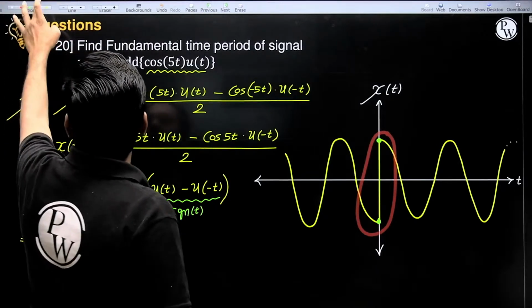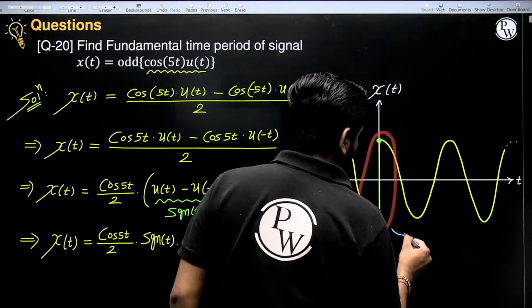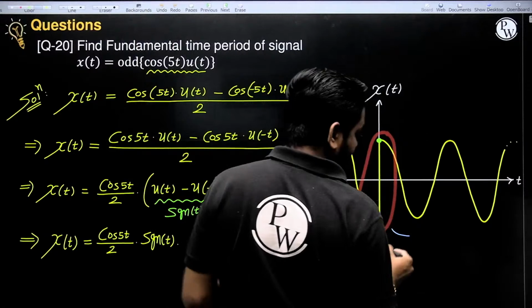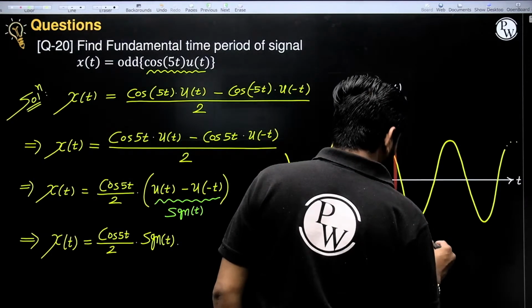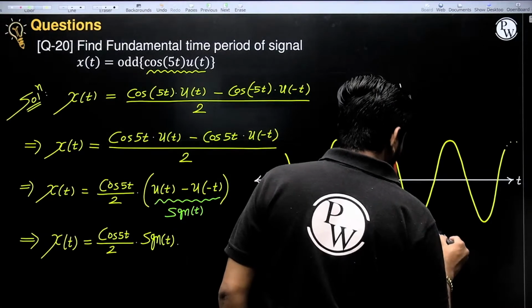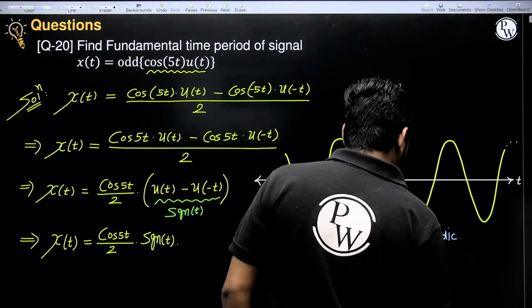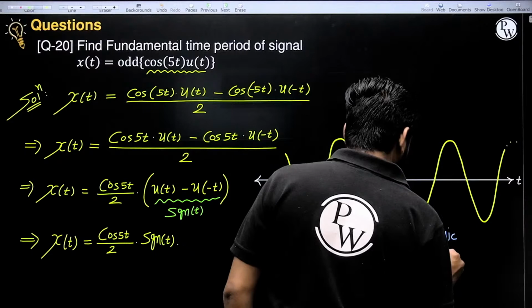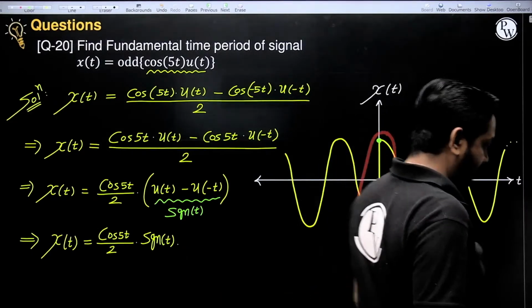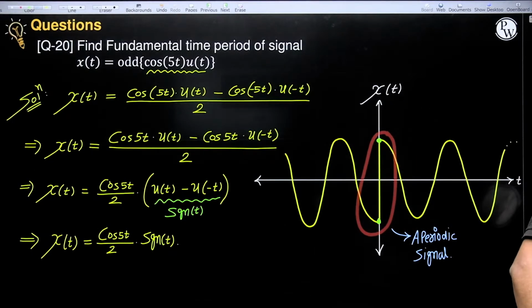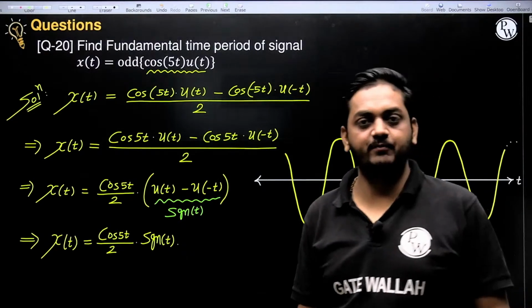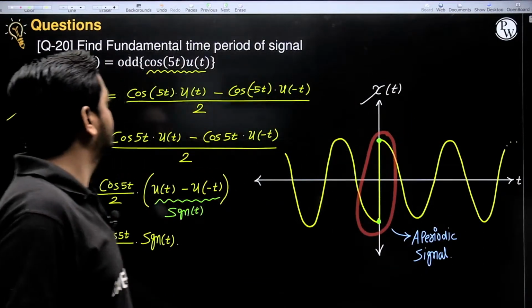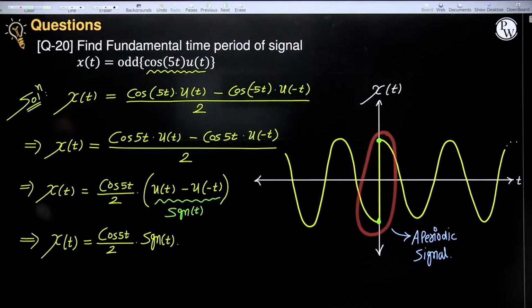You can check at origin, it indicates it's an aperiodic signal. Got it? The odd part of cos 5t u of t is an aperiodic signal.